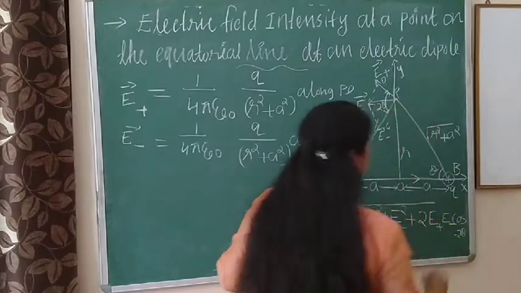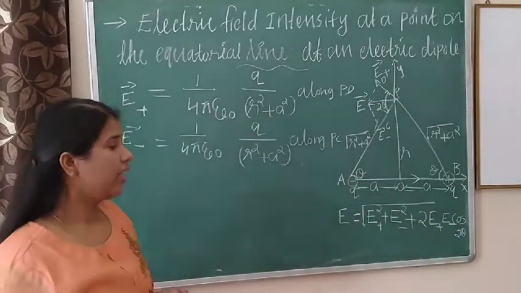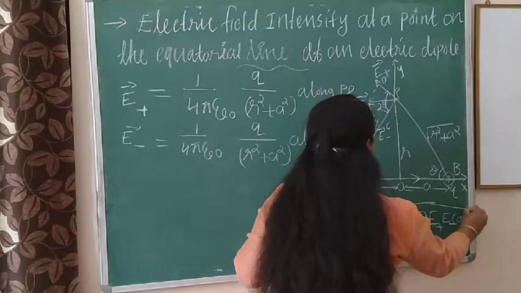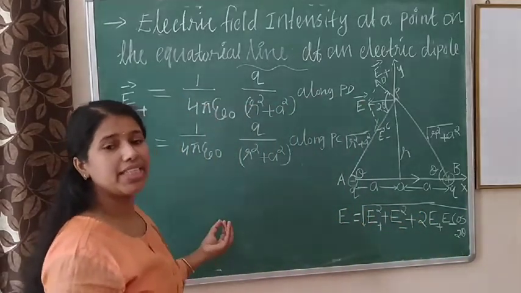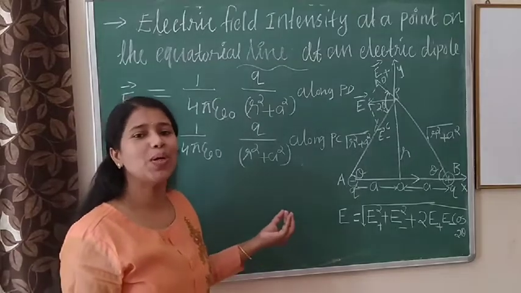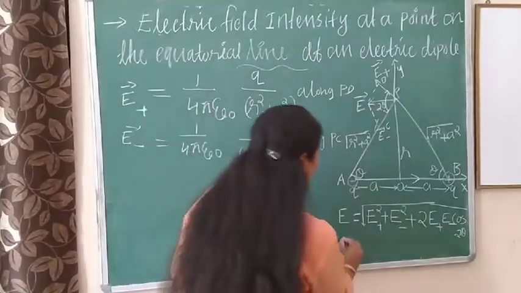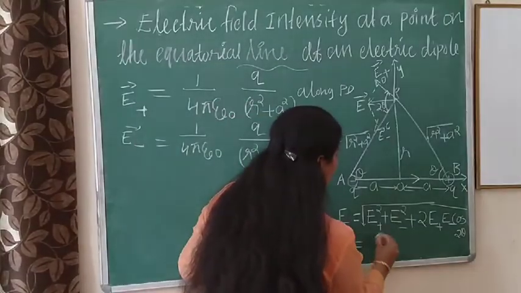Cos 2 theta. Okay. Then in this case we have already seen both are equal. Then we can write E plus is equal to E minus. Then we get E equal to E plus.